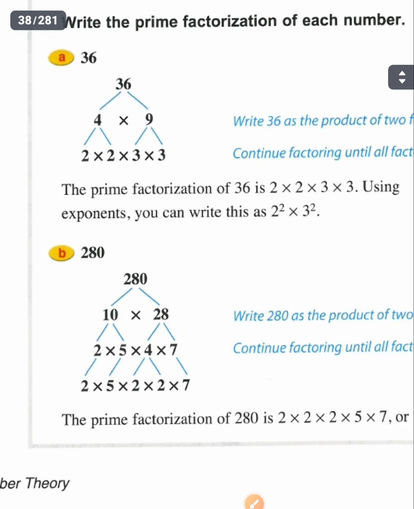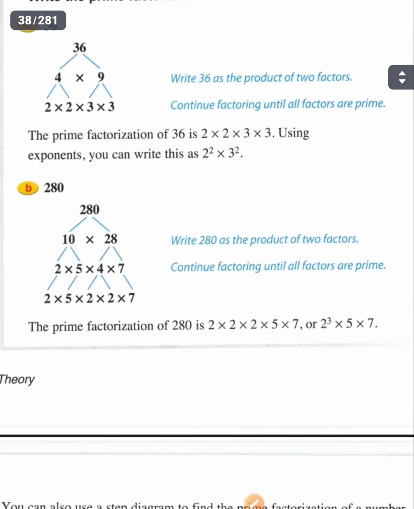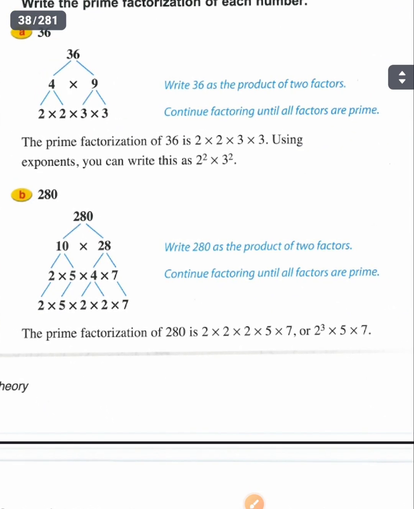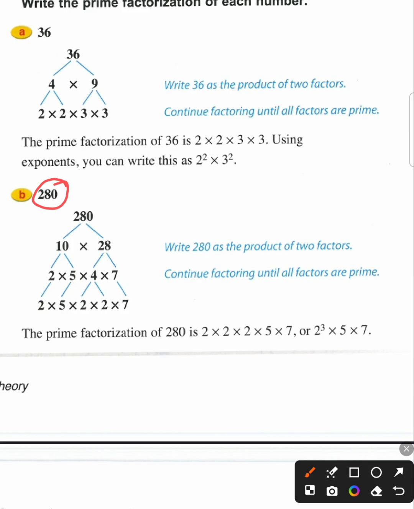We will continue with the second example. Here we have 280, and you can write 280 as 10 times 28. There are two factors. I will continue until all factors are prime.